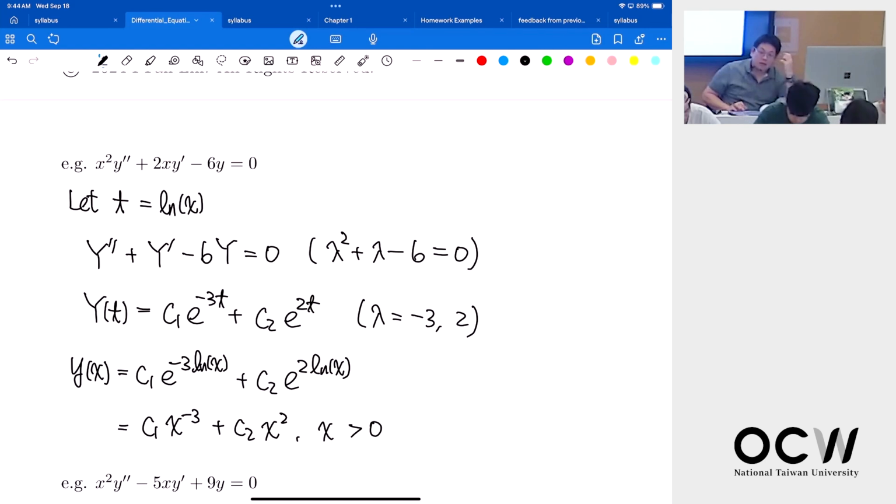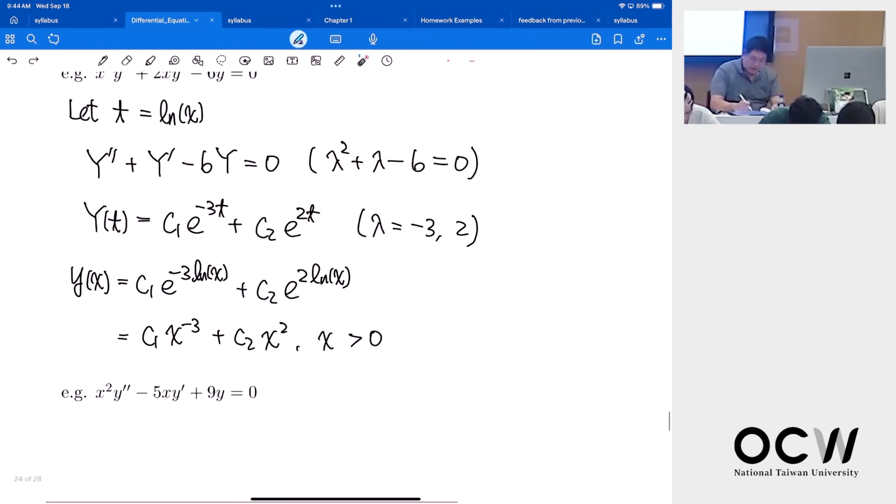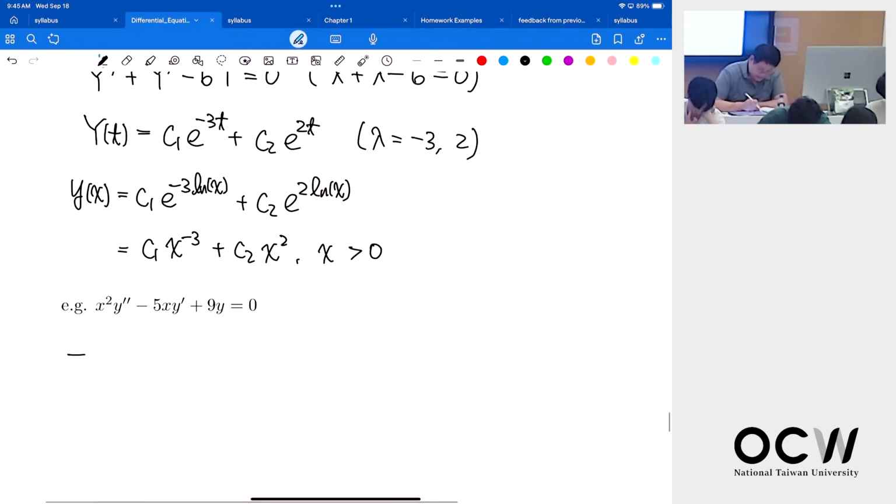All right. Next example. Again, we have x squared y double prime and x times y prime, and those coefficients are constant. So this is an Euler equation. Then t equals natural log of x. You get capital Y double prime minus 6Y prime plus 9Y equals 0.